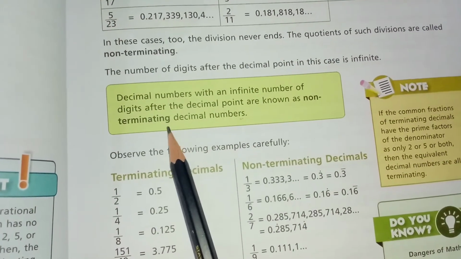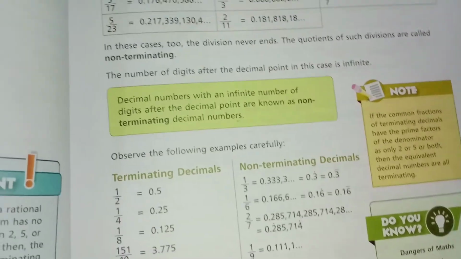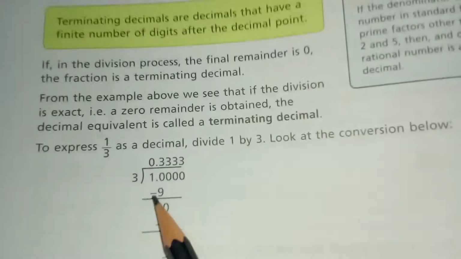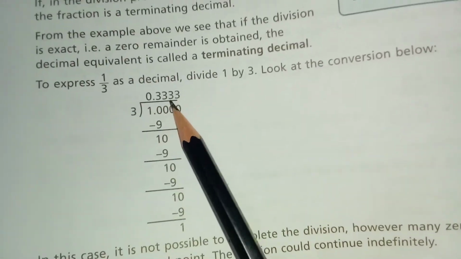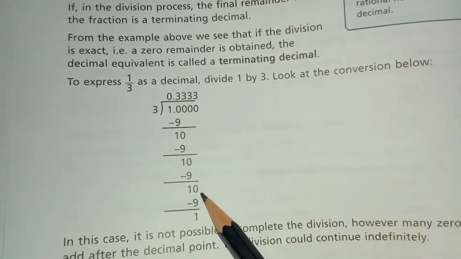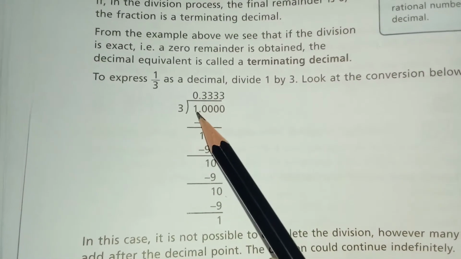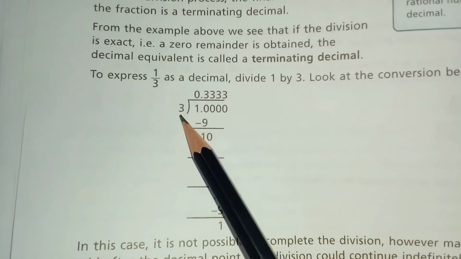So now we have to take an example of non-terminating decimal numbers, that is 1/3. As you see, 0.3333 and so on, this process is not completed. 1/3 equals: dividend is 1 and divisor is 3.